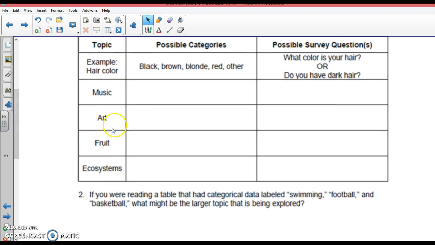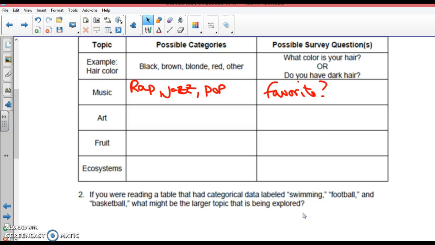Music. Some possible categories. Rap, jazz, pop, etc. Possible survey question. What's your favorite type of music? Art. Possible categories. Do you like watercolors, pencil, crayons, etc. Paint.